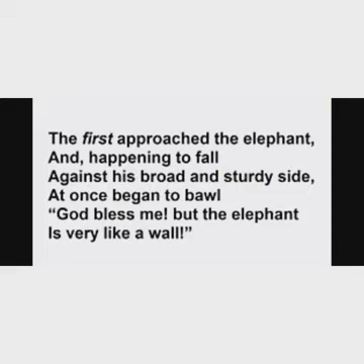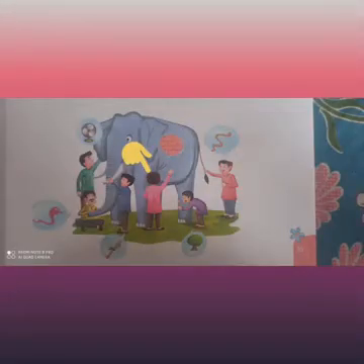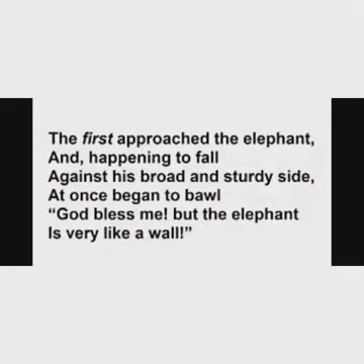And the first one happened to touch the broad and sturdy side of the elephant. Okay, here you can see in the image the first person is touching one side of the elephant, and here he is saying that God bless me, but the elephant is very like a wall.